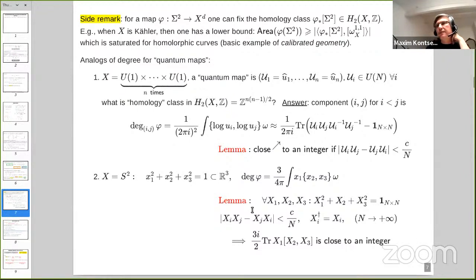If you have three self-adjoint operators, with x2 also raised to power 2 (a misprint I'll correct in my slides), whose sum of squares is equal to the identity, and the commutators again satisfy the same inequality with constant fixed and capital N very large, then if you replace this expression by this thing, you get again something very close to an integer. The error will be of size constant over n, and this integer will be less than something like 3 times c.